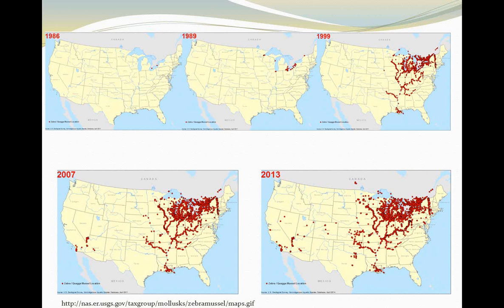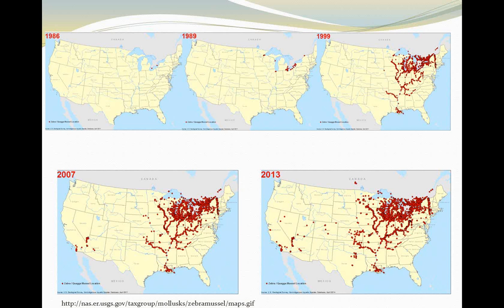This map really highlights how human activity is responsible for the overland transport of mussels and the subsequent infestations of unconnected waterways. Adult mussels can survive for up to 30 days in locations where moisture is maintained, so they don't necessarily have to be immersed in water. And the larvae are free-floating and microscopic, so they can be unknowingly transported in any standing water or moisture, and that's where the clean, drain, dry slogan comes in.